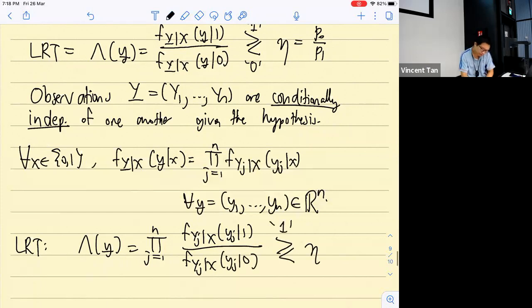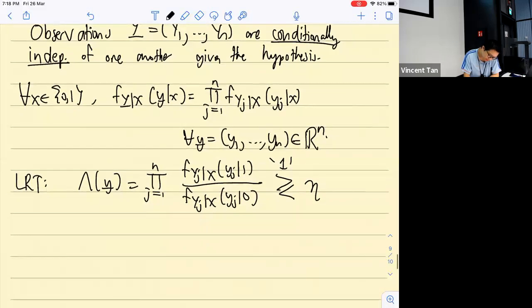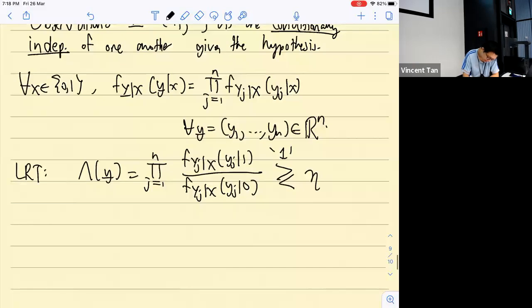Here, as I mentioned, it's very difficult sometimes to deal with the case where the densities have not been normalized in some sense. So we prefer to take the log likelihood ratio. And in particular, now we can convert the product into a sum. And this becomes log of this big guy here.